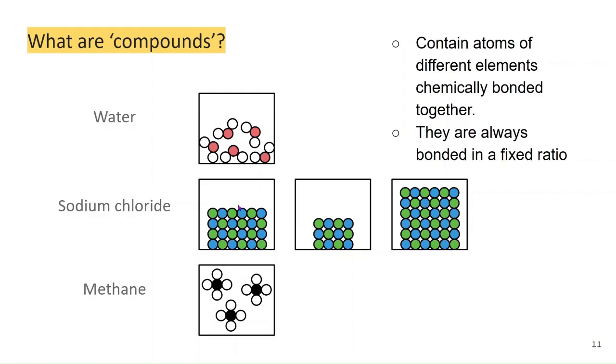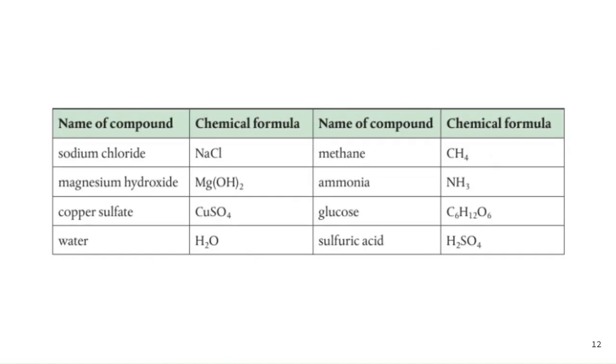Molecular, lattice, both are compounds. And yeah, again, in a molecular substance, a specific number of each atom is required, right? 2 to 1. But in the lattice, you can repeat for as long or as little as happens.